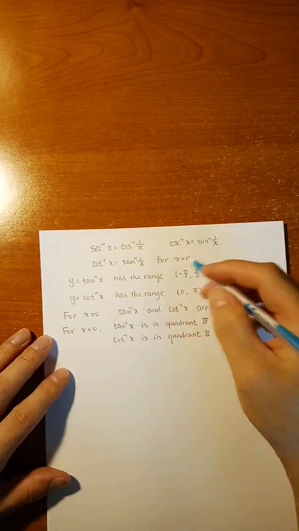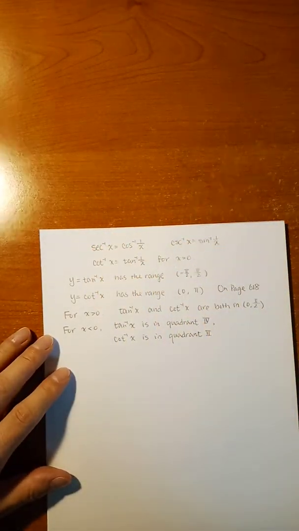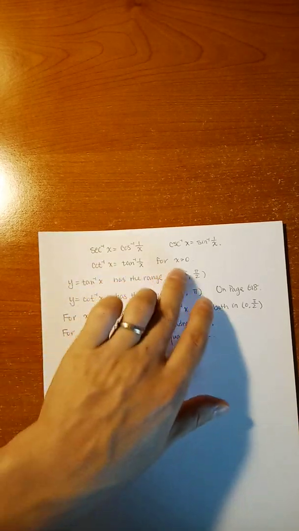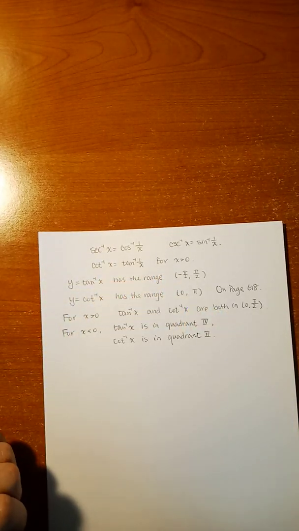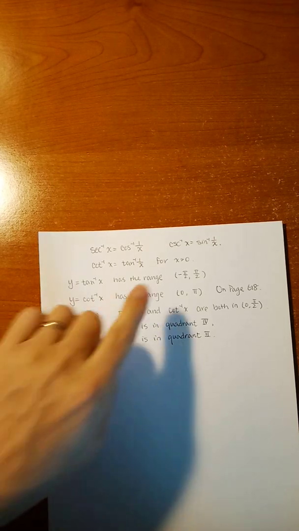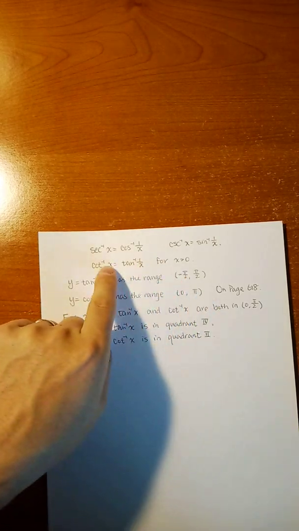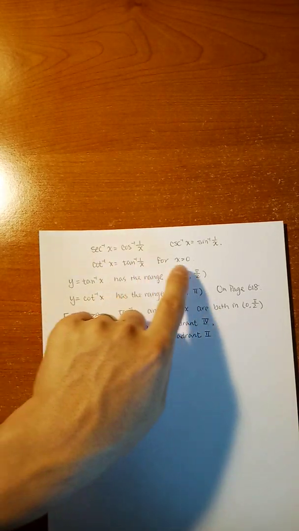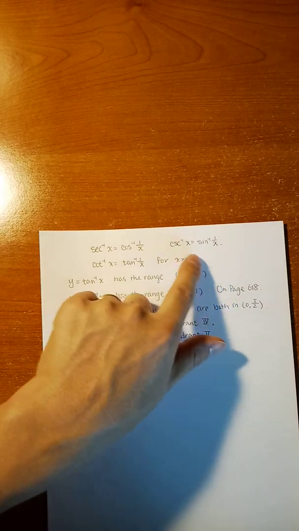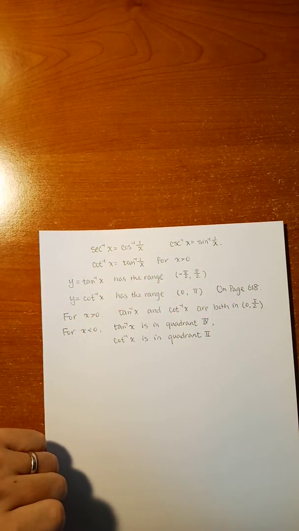We can make this an identity for all x, but it's not necessary. If you want to use the identity, you can choose x positive. Otherwise, just ignore the identity.